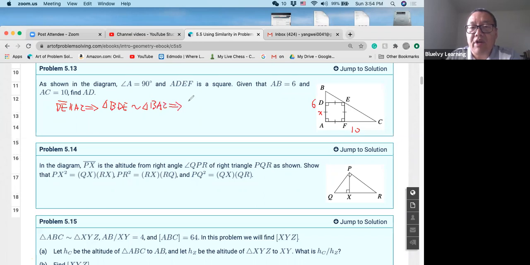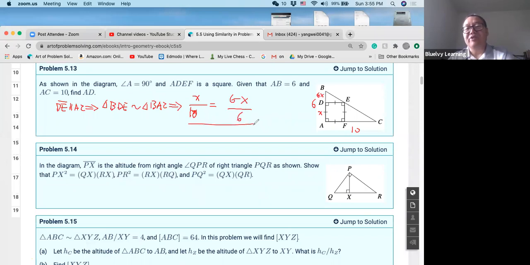From this similar triangle, we can get X, that's DE because this is a square, over X plus, because AC is 10, over 10. They ask you to find AD, right? Because AB equals 6, and AD equals X, BD equals 6 minus X, right? So this one is 6 minus X over 6, right?